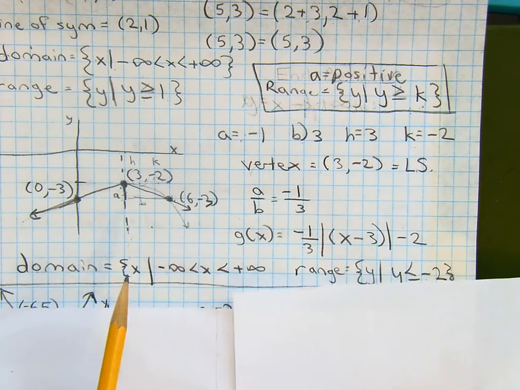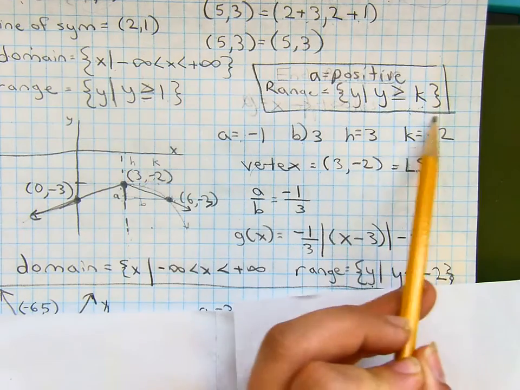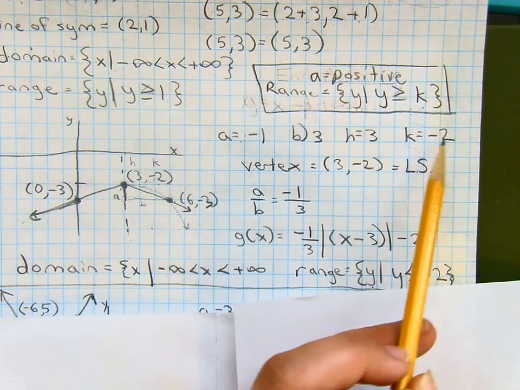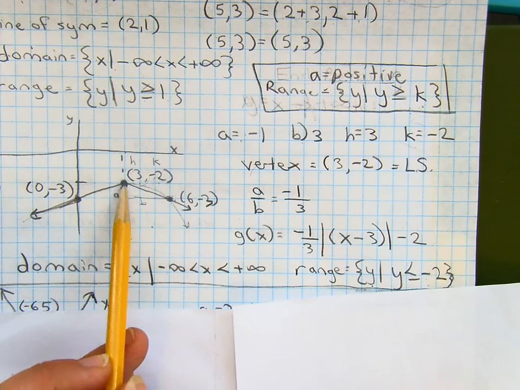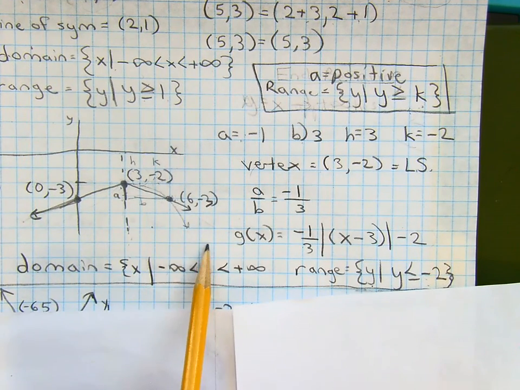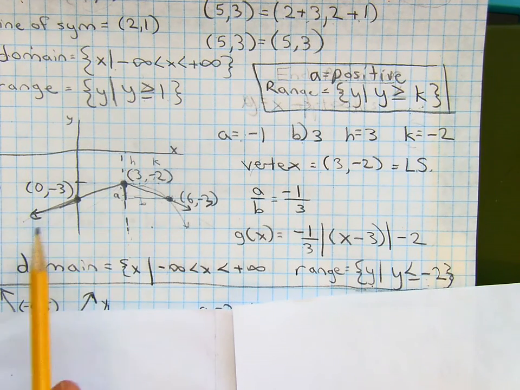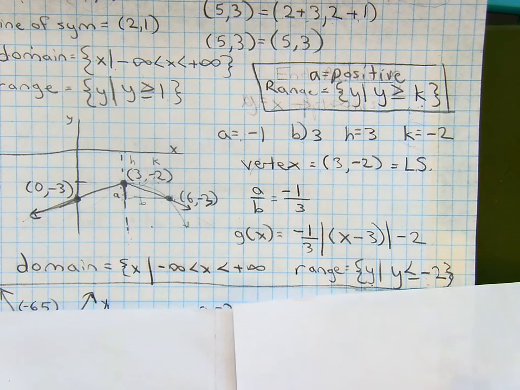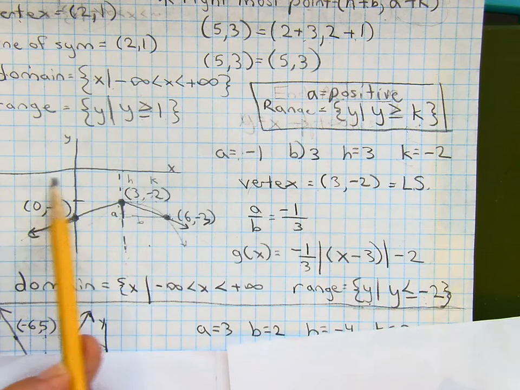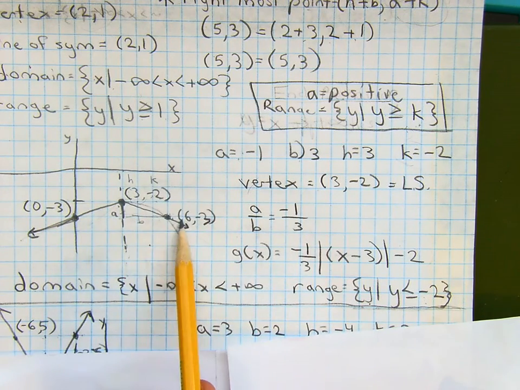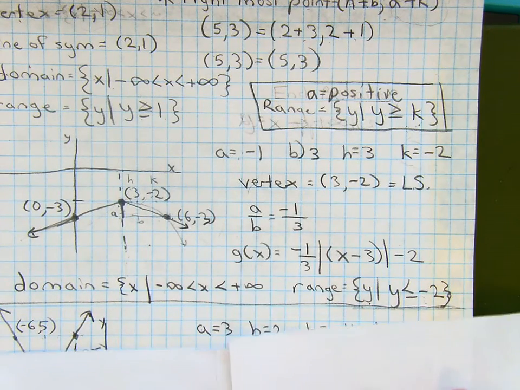And plugged them in to get my equation. Again, the range is going to be set by k. And since it's negative, my range is all quantities below k, because my graph is going negative. Domain is all real numbers, because no matter what, there's still a value of x. I can do x of 5, 8, 10. They're all values that count.